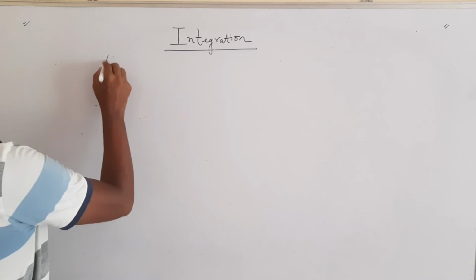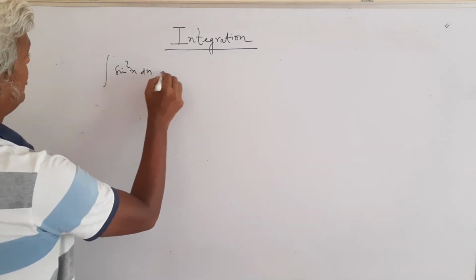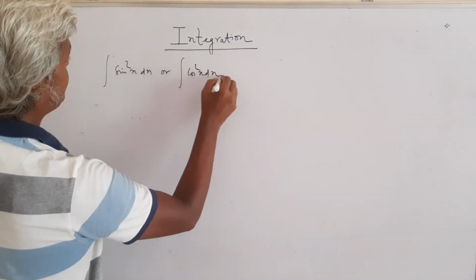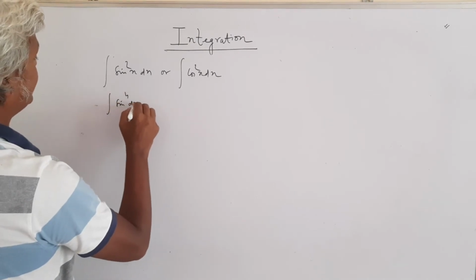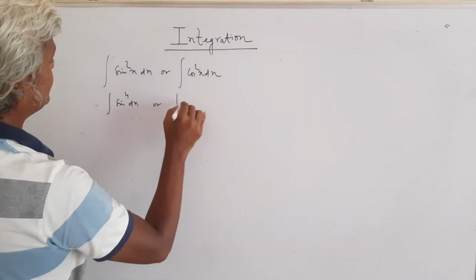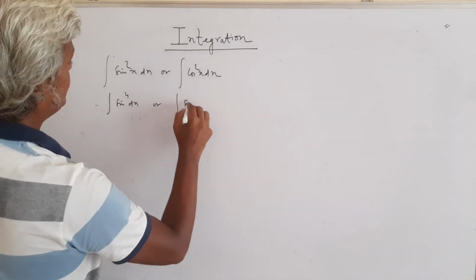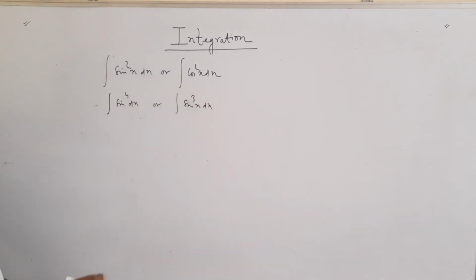Now we have to find the integration of sine square x dx, or cos square x dx, or sine to the power 4 dx, or sine to the power 3x dx, or cos to the power 3x dx, like this.